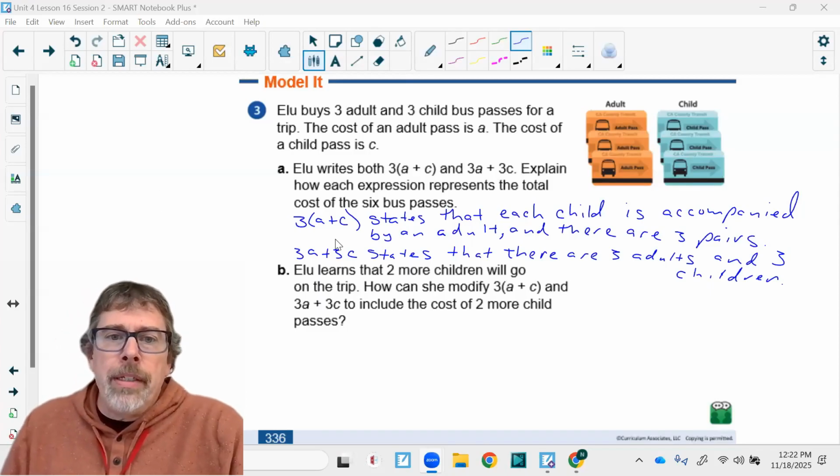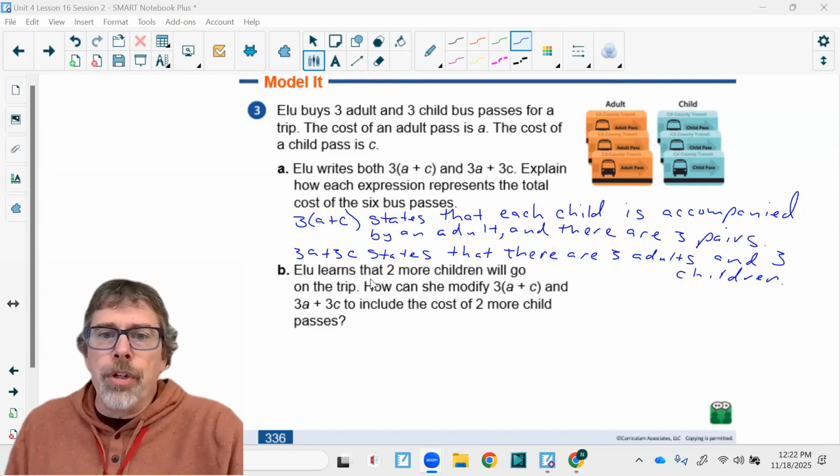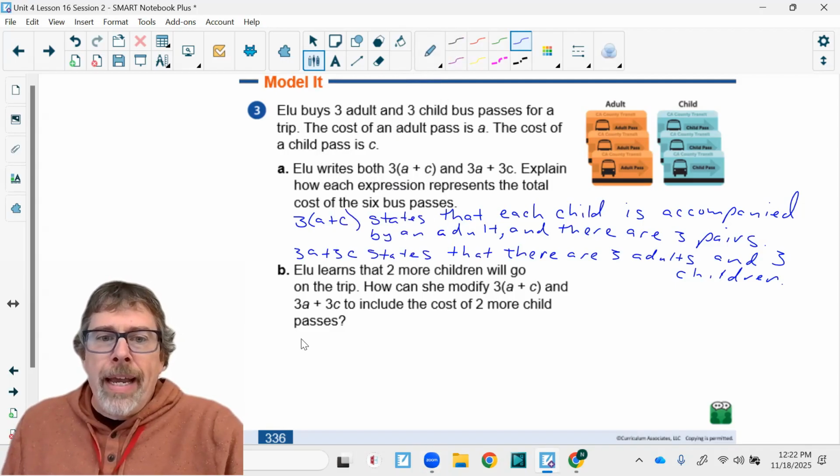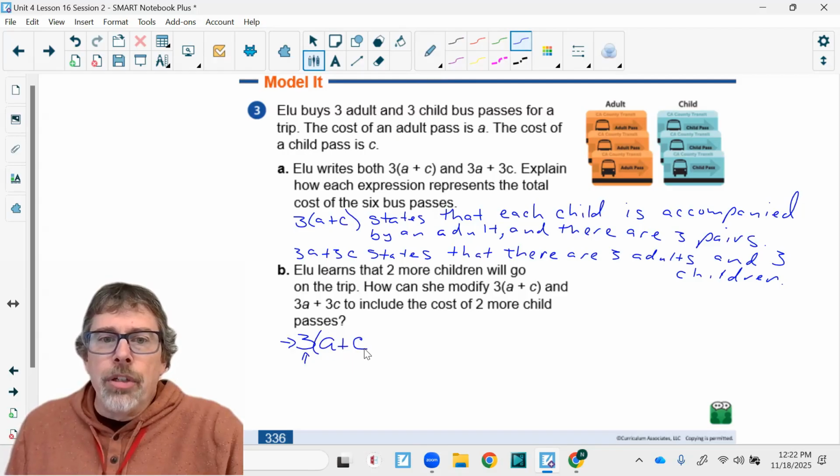Okay, part B. Elu learns that 2 more children will go on the trip. How can she modify both of these to include the cost of 2 more children's passes? Okay, so for starters, in 3 times (A plus C), the 3 represents the number of adults and children.